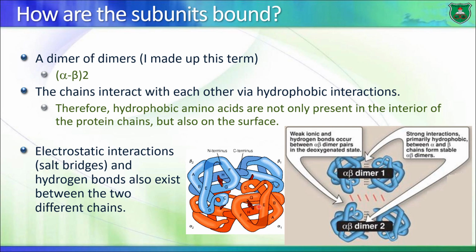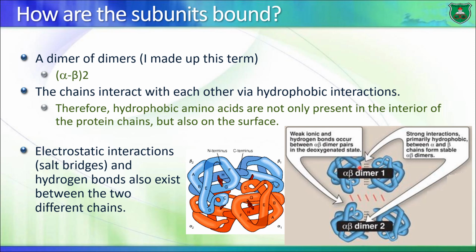Basically, a hemoglobin molecule is a dimer of dimers. So what you have is an alpha beta dimer interacting with another alpha beta dimer. Now the alpha and beta polypeptide chains within this dimer are linked to each other via hydrophobic interactions.